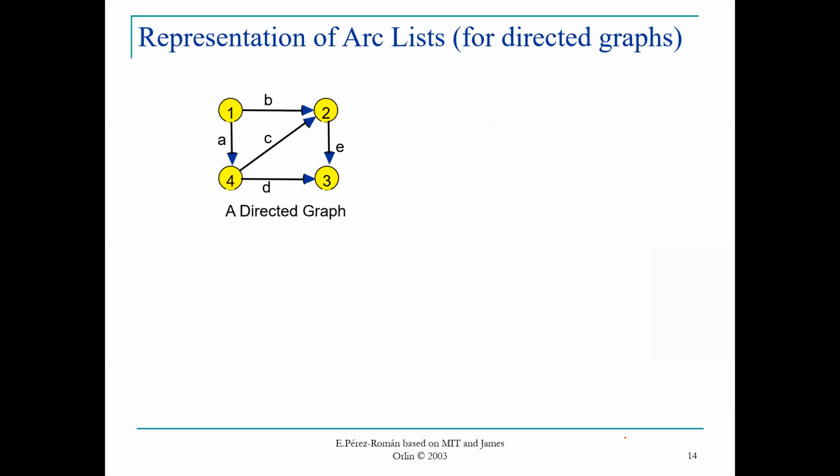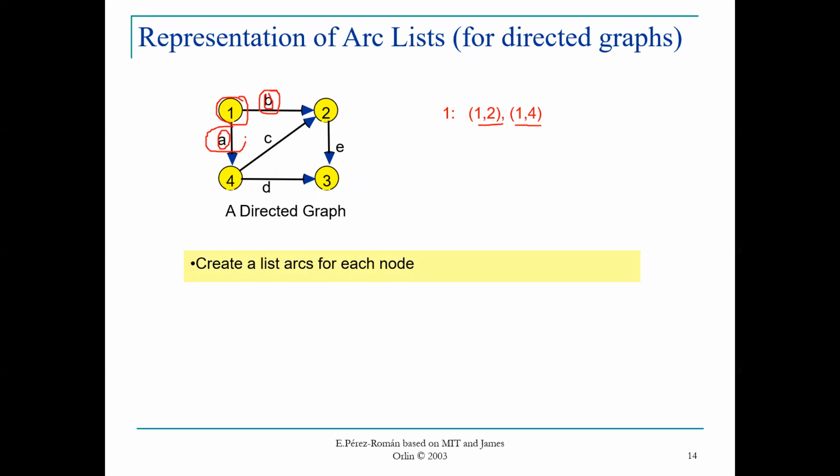Representation of arc list for directed graphs. In this other representation, we created a list of arcs for each node. For node number 1, we have 2 arcs. 1, 2 is this arc, and 1, 4 is this arc.